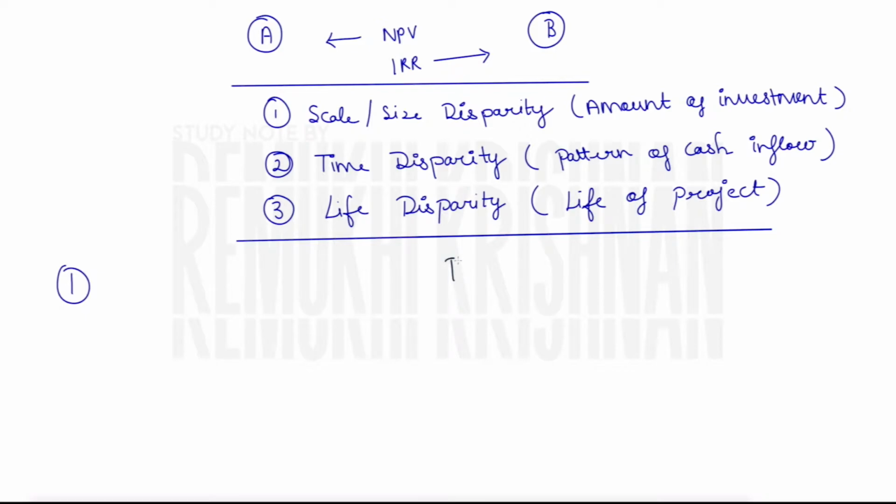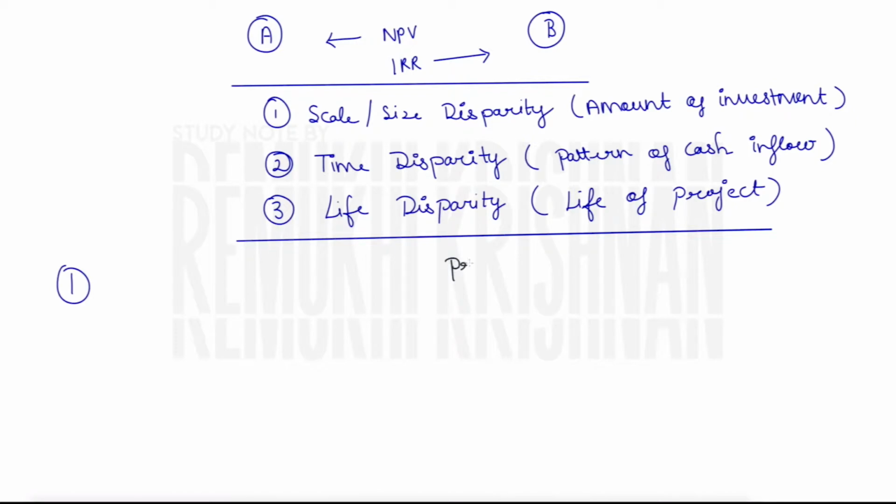In this video, I'm starting with my discussion about scale or size disparity. Rather than discussing the theory part, which is a little bit confusing, let us understand this with the help of an example first. First of all, I'm going to work out the problem under both NPV and IRR and show why these three scenarios are very important.